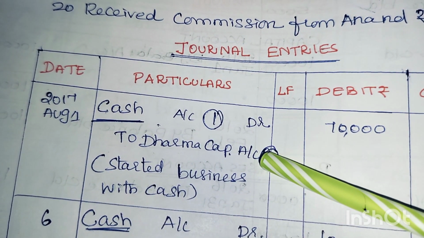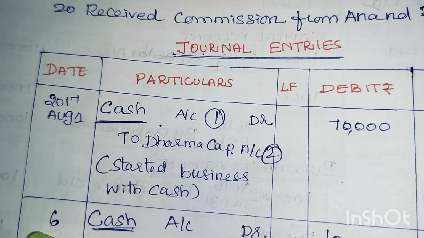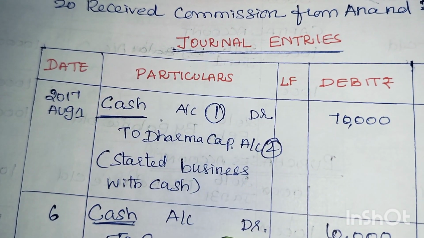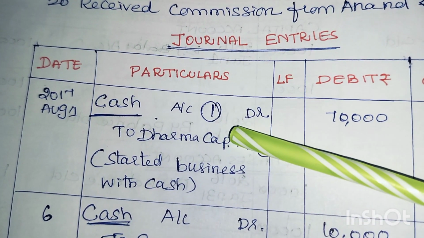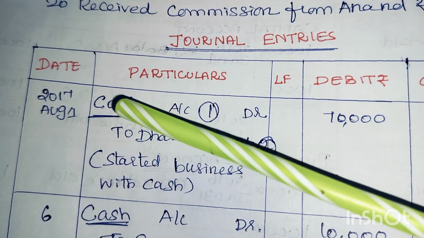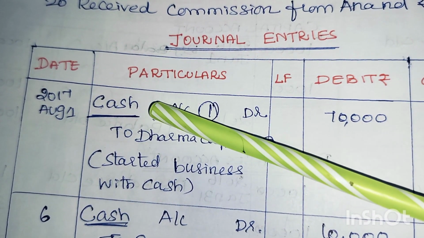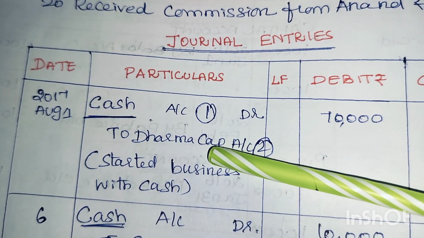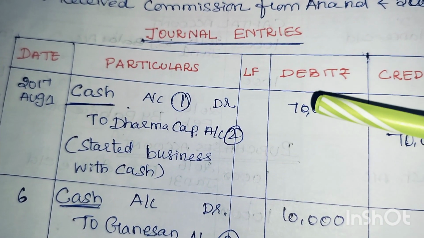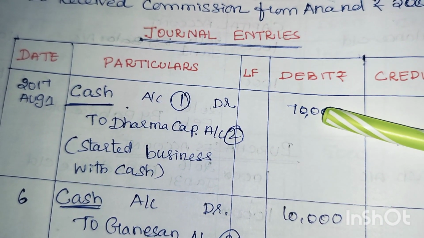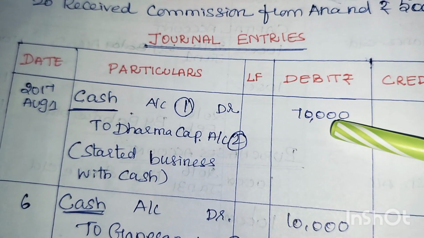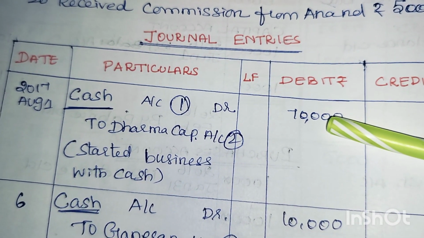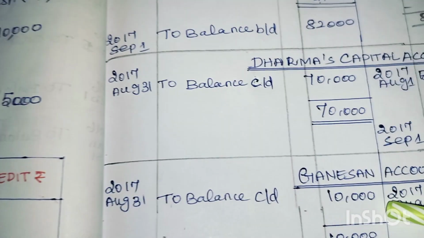What is the date? August 1. What is the opposite account from Dharma's capital account? Cash account is the opposite account. How many rupees? 70,000 rupees. How much capital value? 70,000 rupees.